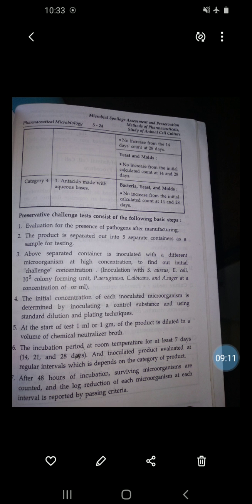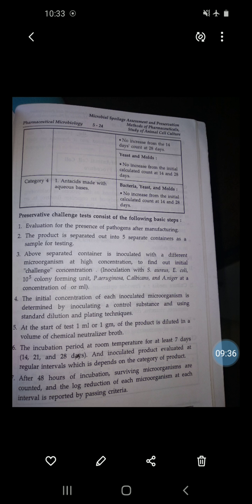Next, the preservative challenge test consists of the following basic steps. First, evaluation for the presence of pathogens after manufacturing. Second, the product is separated into 5 separate containers as samples for testing.